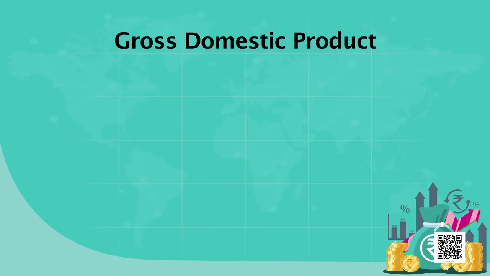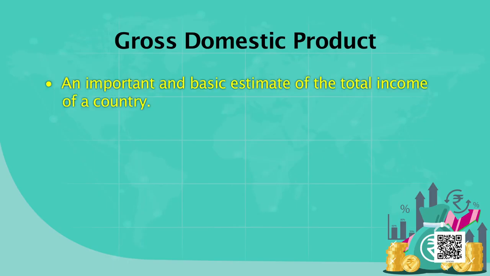Now we have come to understand that all the economic activities can be classified into three. And what is this term called GDP? The gross domestic product is the total value of goods and services produced in all the three sectors. All the final goods and the services produced in a country in a particular year, 12 months, is called gross domestic product.